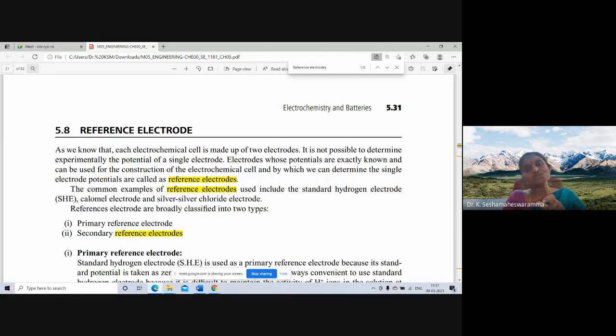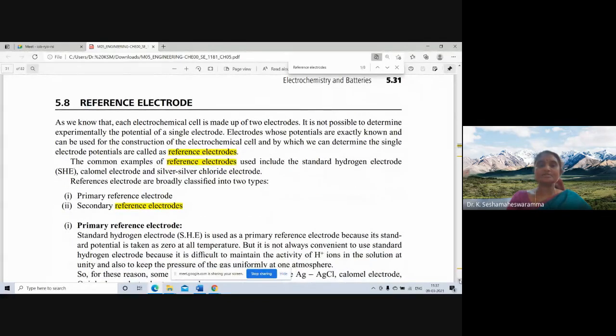Reference electrodes are broadly classified into primary reference electrodes and secondary reference electrodes. We use reference electrodes for the measurement of unknown electrode potential.